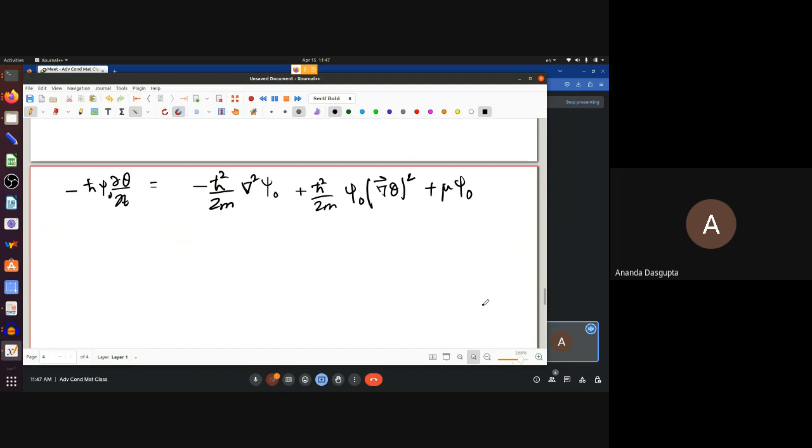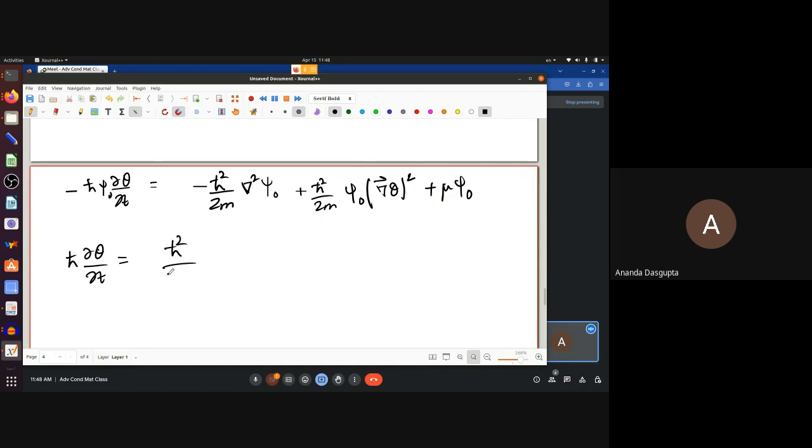Of course, the imaginary part will also give us another equation, but right now let's focus on the real part of this equation. This is, of course, nothing but the Schrodinger equation. We have just written the real part of it separately. And what does the real part translate to? Basically, you divide through by psi 0 and drop the minus sign.